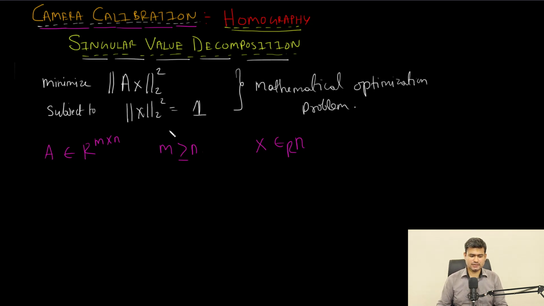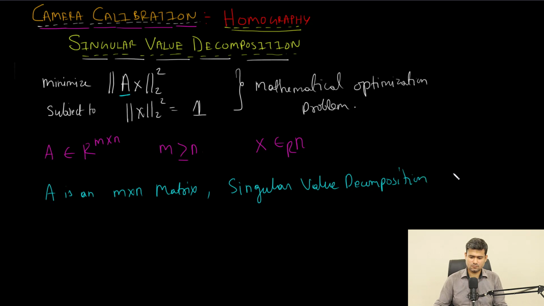From basic linear algebra, we know that the singular value decomposition, or SVD in short, of matrix A, which is an m cross n matrix, is given by A is equal to U sigma V transpose, where U is a matrix of left singular vectors and it's an orthogonal matrix.